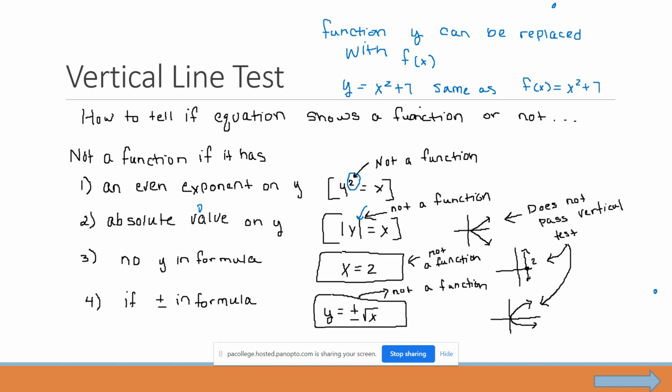I can clearly replace the y with the f of x, so yeah, that's a function. That one's going to work out just fine. My graphing calculator is set up to work with functions, so that one's going to be easy to graph. I could graph that and see that it's a parabola shape, passes the vertical line test, and it all works out. It's a function. So only when one of these four things show up do you have something that is not a function.